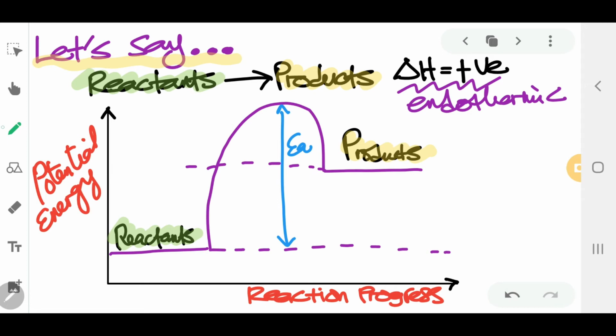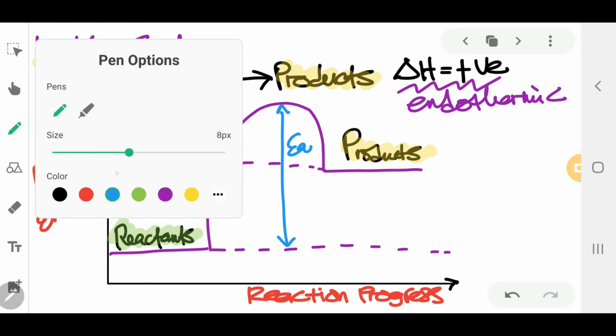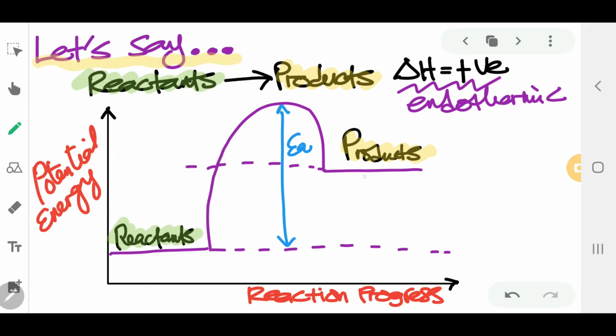And next, you need to identify where the delta H is. The delta H value in here will be between this product line and the reactant line of potential energy. So the delta H value will be right here.